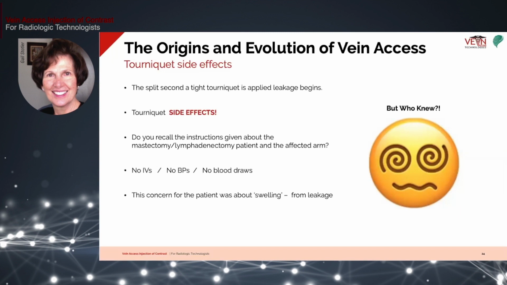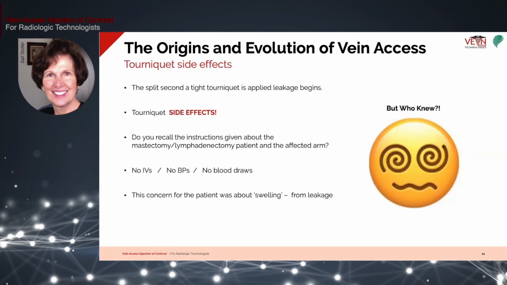Now, do you recall when we talked just now about that lymphadenectomy patient? They said to you, no lymph nodes, no IVs, no BPs, and no blood draws. Okay, it was because of the swelling. But it was because the tools caused the swelling. The BP cuff and the tourniquet apply external pressure to that venous system, causing it to leak.